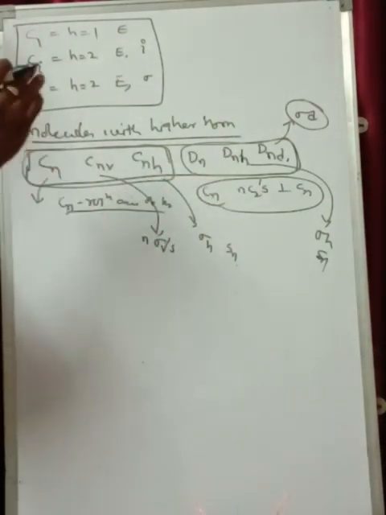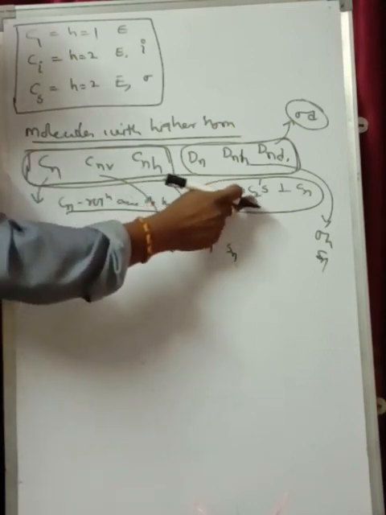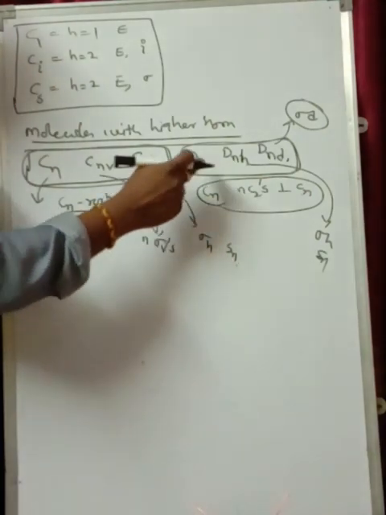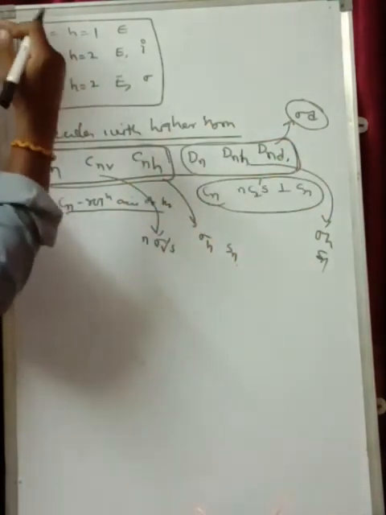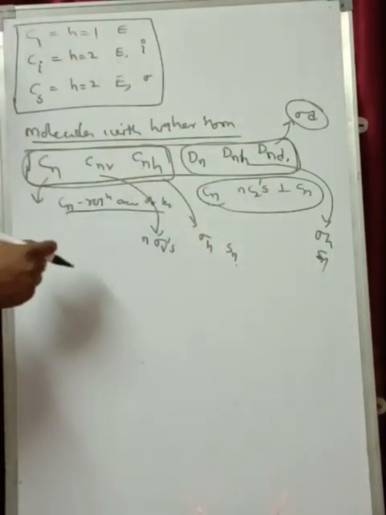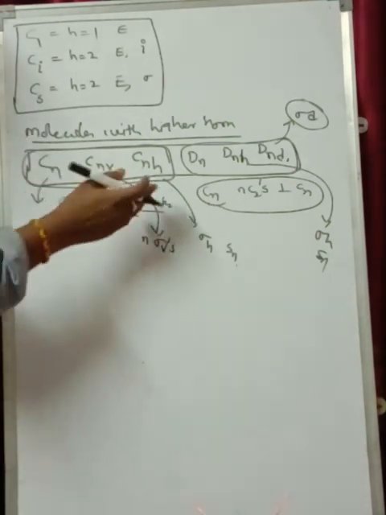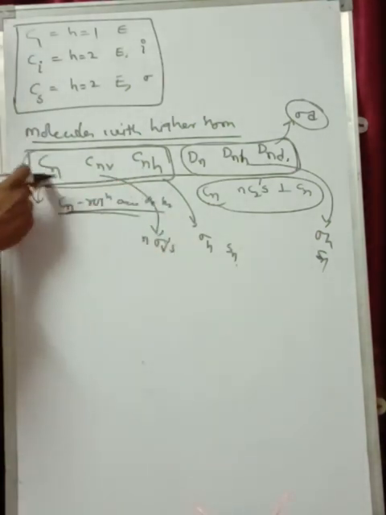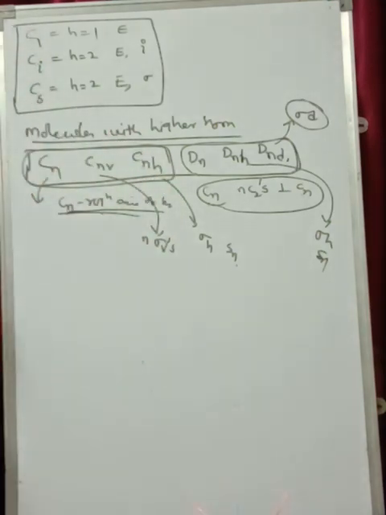If a molecule has the Cn rotational axis of symmetry along with n number of C2s perpendicular to Cn, then that molecule comes under Dn, Dnh or Dnd. If your molecule has only a rotational axis of symmetry, with no C2s perpendicular to the Cn, then that molecule might come under any of the other three point groups.